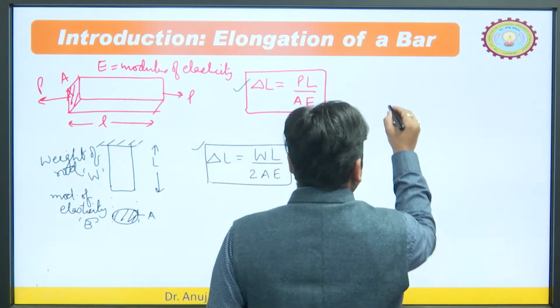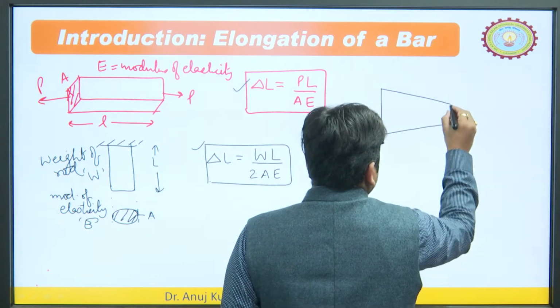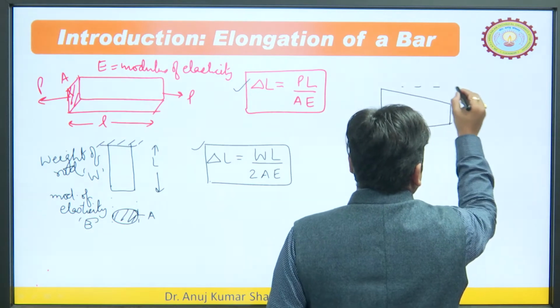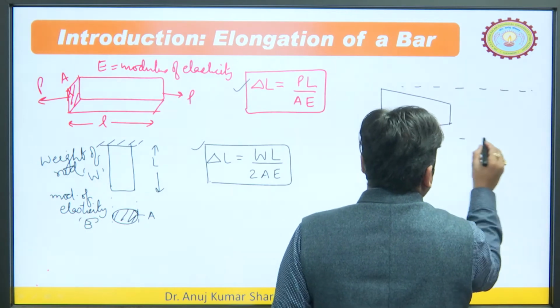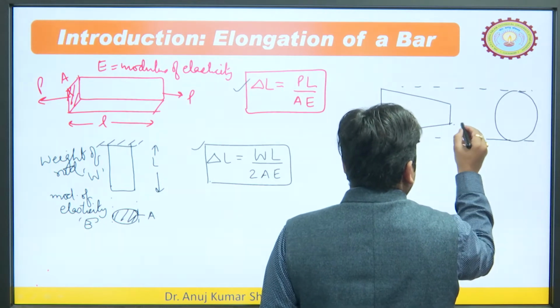Now, the third case: let us say we have this rod, and if you see the cross section of this object, it is circular and this is a tapering bar.